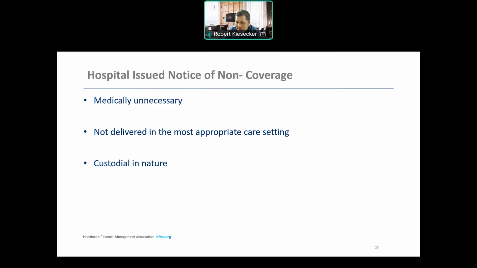This is an example of the remaining stay being custodial in nature. So they may be given this form basically to state that they are going to be responsible for the additional days that the mom is going to be in the hospital.